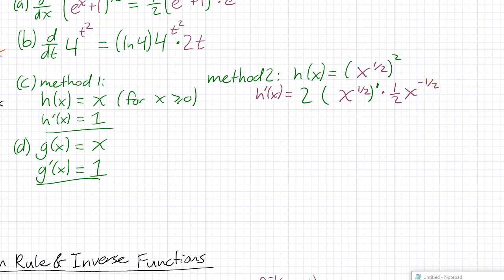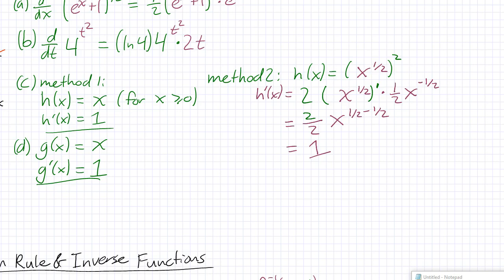And then we could simplify this a little bit. We could say there's 2 times 1/2 is that, and then we have x to the power 1/2 minus 1/2 when we combine those exponents. And anyways, the whole thing works out to just be 1.